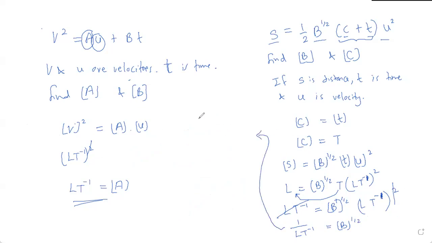So you get LT minus 1 up, then L becomes minus 1, T becomes plus 1. That is equal to B to the power half. To get rid of the half, you need to square it. Half into square. This side will also be squared then. Then you get T squared L to the power minus 2 is equal to dimensions of B, right?